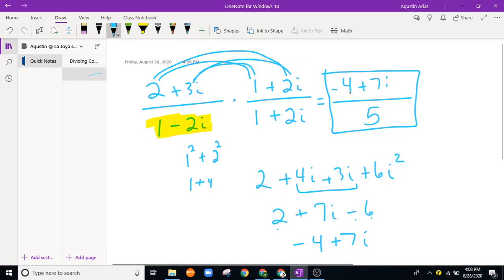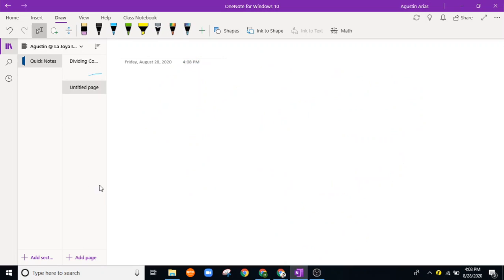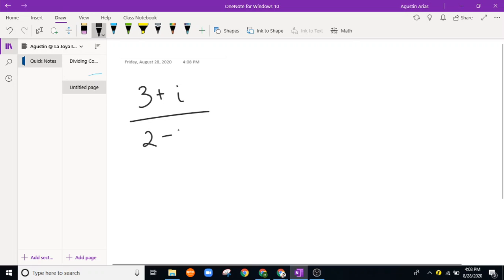All right. I'm going to do one more example. Okay, so let me see. 3 plus i divided by 2 minus 2i. So what am I going to multiply by?